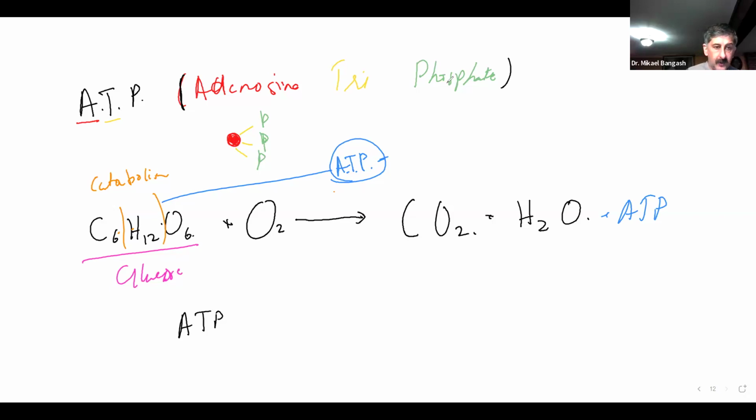What mainly happens further is that the bond between the adenosine and one of the phosphates is going to be catabolized. So we'll have catabolism of this ATP, and what that leads to is ADP.